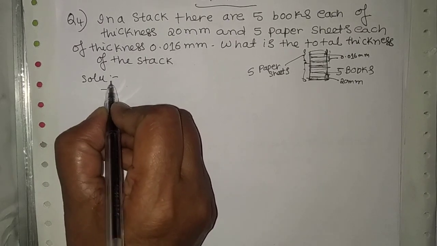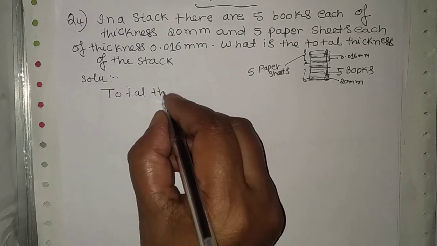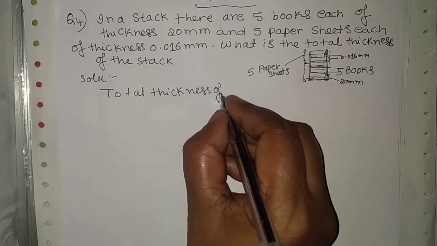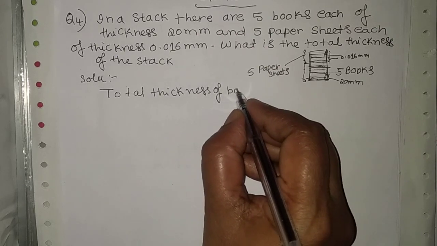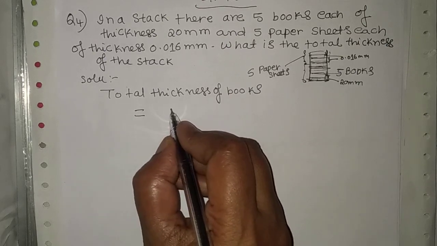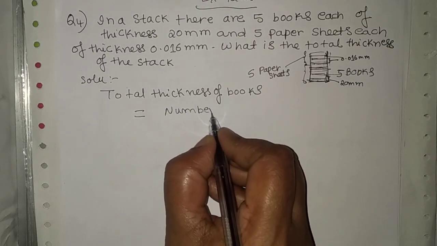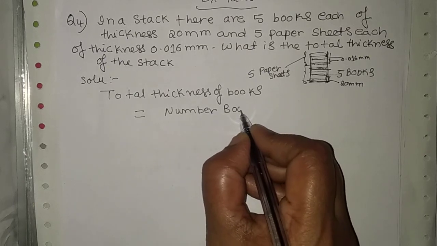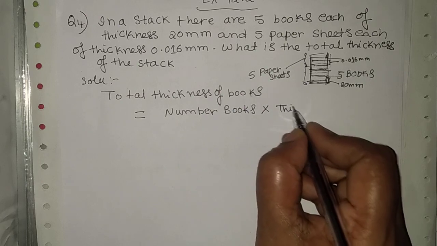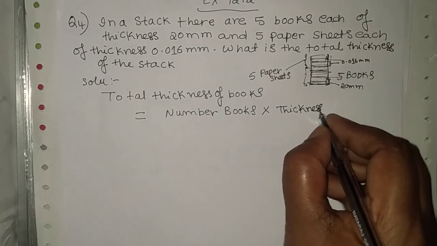Solution: total thickness of books. First we'll calculate the total thickness of the books. That is the number of books into the thickness of each book.